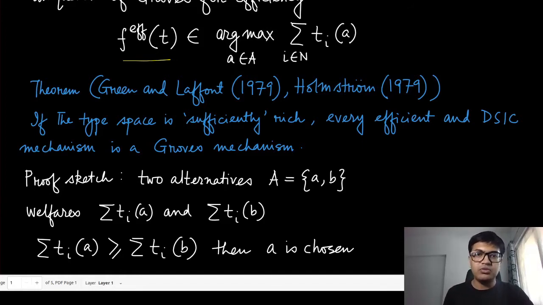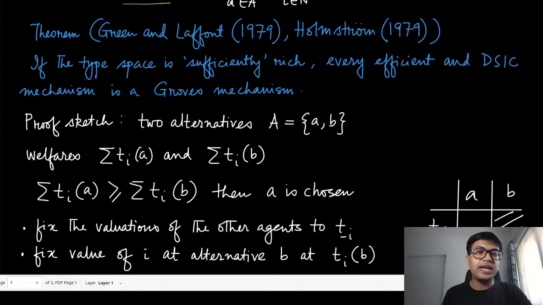Now, we are going to give the proof sketch only for two alternatives. For more than two alternatives, this proof can be extended, and that is exactly what Holmstrom's result does. This presentation is essentially from Holmstrom's paper itself. So what we are going to do is look at the welfare under these two alternatives.